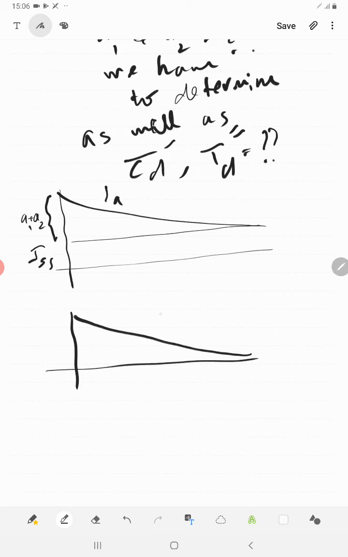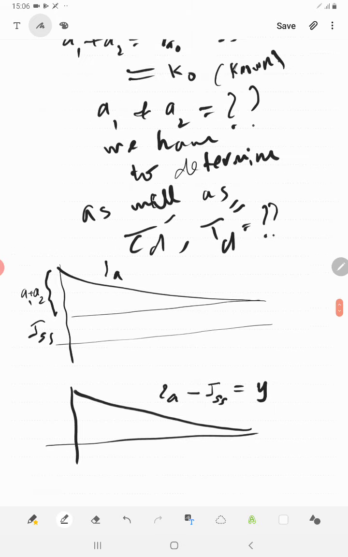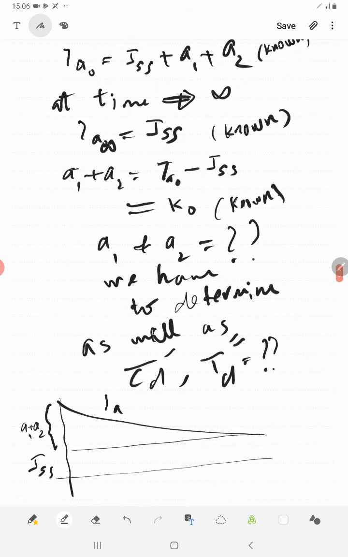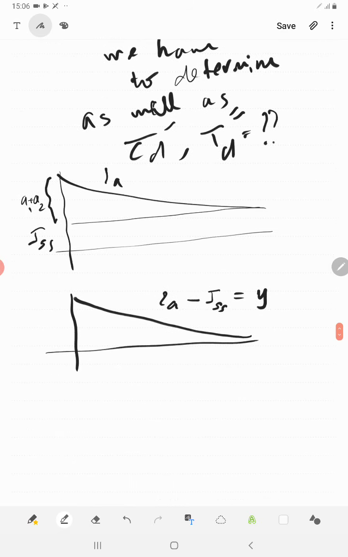This is IA minus I steady state, which is equal to y. Okay, we go back to it. Here is K naught, which is equal to A1 plus A2 on this point, and this is time.